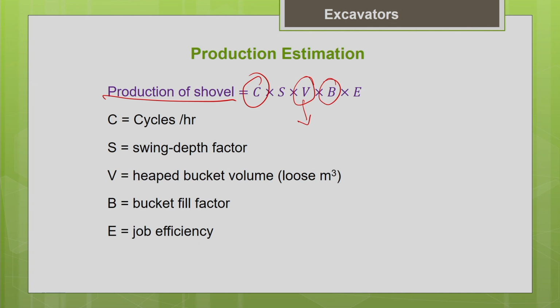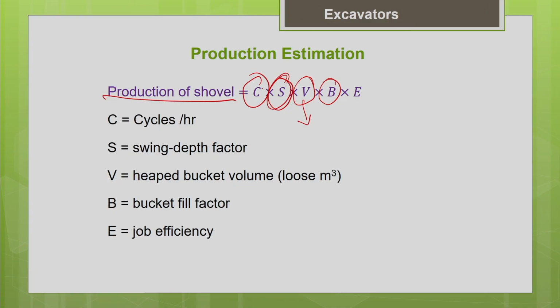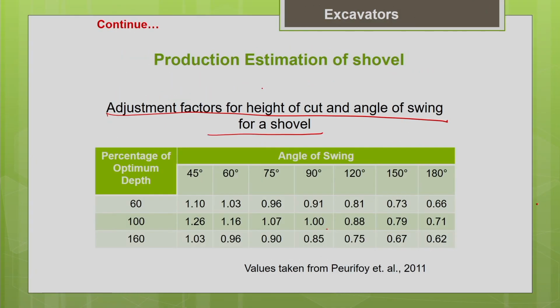Another important thing we are supposed to do is adjust the productivity based upon the swing depth factor. Depending upon the actual height of cut of the material in your project site and the angle of swing between the truck and the excavator, you have to apply the correction factor. I hope you remember this table which I showed you.